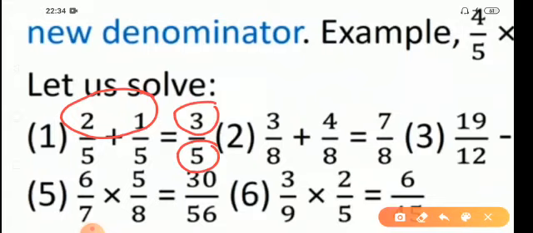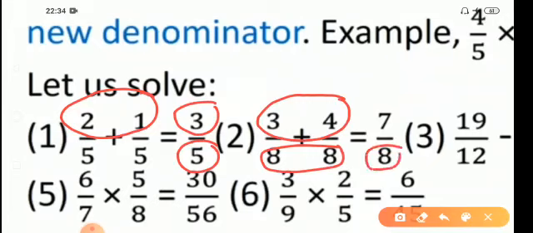Second question, 3 upon 8 plus 4 upon 8. Again we will add only the numerators. So 3 plus 4 will become 7, and the denominators are the same, so we will write it as it is. So our answer is 7 upon 8.